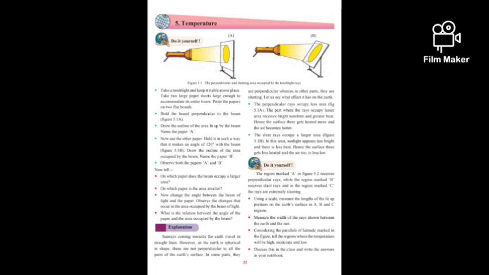So when the sun rays come towards the earth's surface during the morning time, they travel in a straight line, but the earth is spherical in shape. For that reason, these rays are not perpendicular to all parts of the earth.